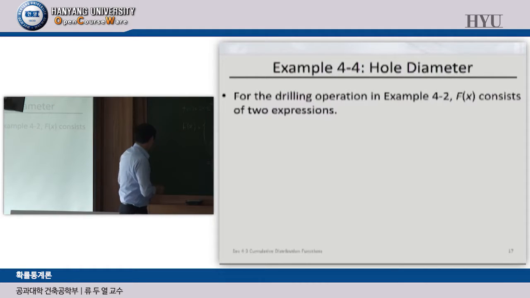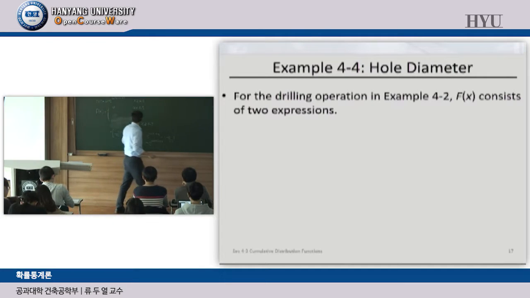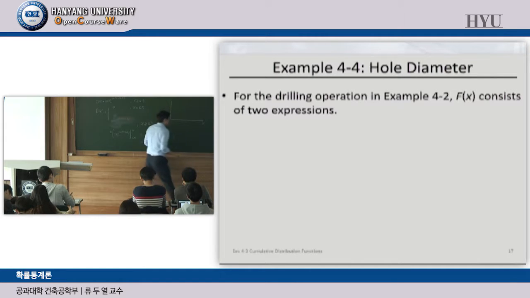Okay? So I'm going to draw the figure for this cumulative distribution function. This is the continuous random variable x, and the y-axis indicates the cumulative distribution function, okay?